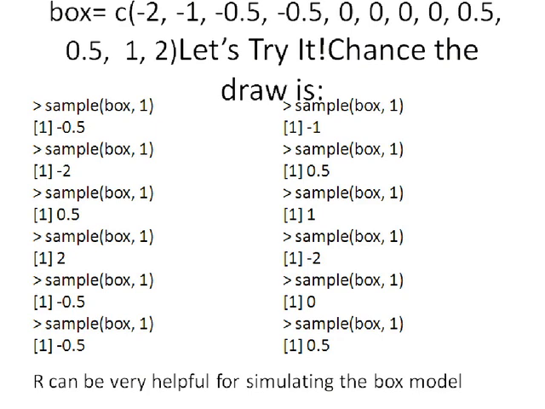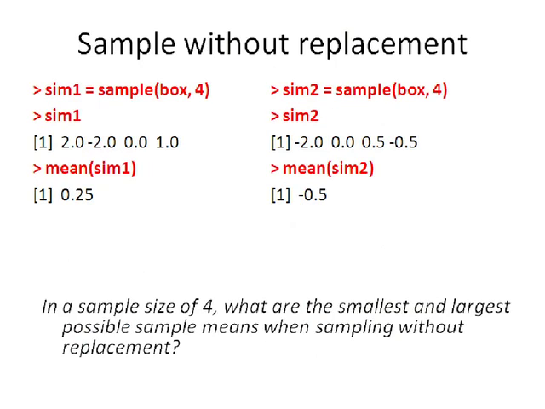We're going to also simulate it here as well by putting all these numbers in. And I'm going to take out the other 4. And if I'm in R and I say simulate, what I'm doing there is I just gave it a name. I call sim1 equals the sample box 4.